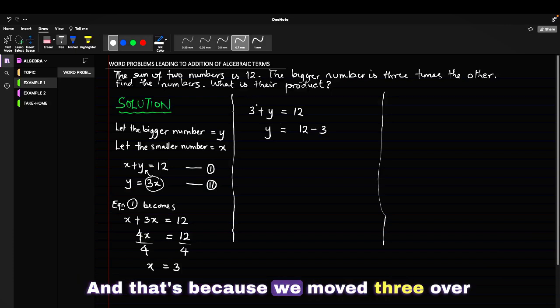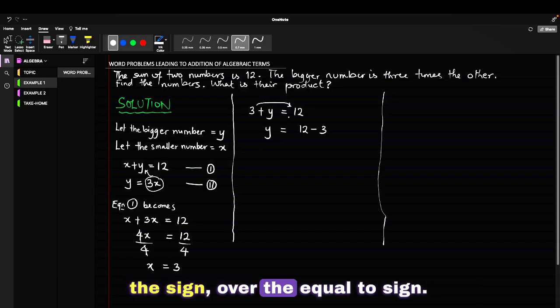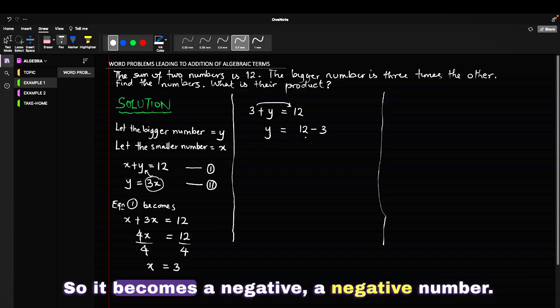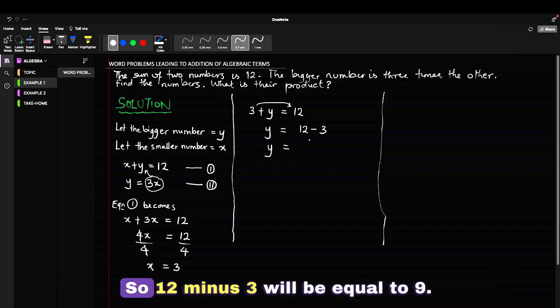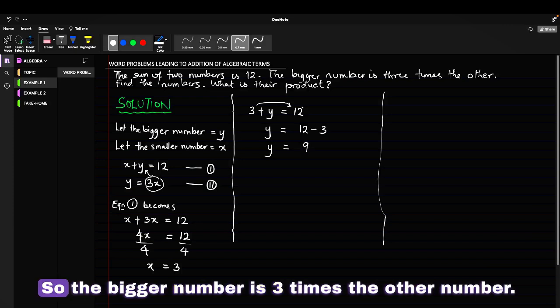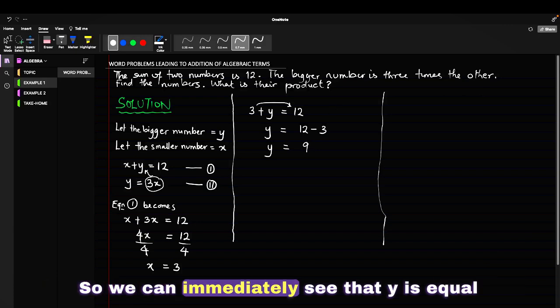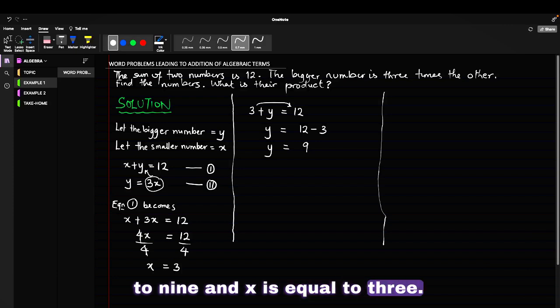And that's because we moved 3 over the equal to sign, so it becomes a negative number. So 12 minus 3 will be equal to 9. So the bigger number is 3 times the other number. So we can immediately see that y is 9 and x is equal to 3. So 9 is 3 times as big as x.